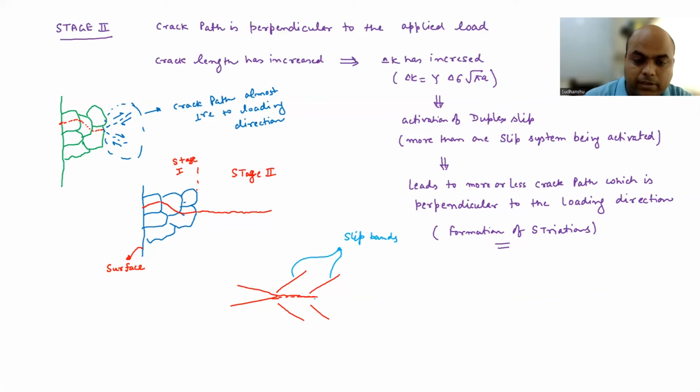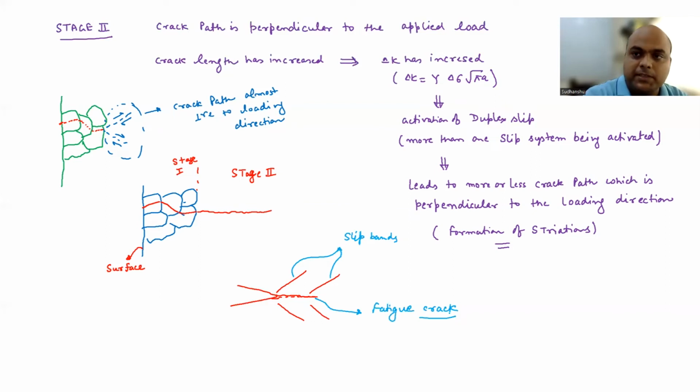And what you see here is your fatigue crack. Okay, so this is how the crack propagates in stage 2. The crack length has increased. So instead of single slip systems, you are going to have duplex or multi-slip systems being activated. Okay? And here you are going to form striations, which we are going to discuss in the next lecture.